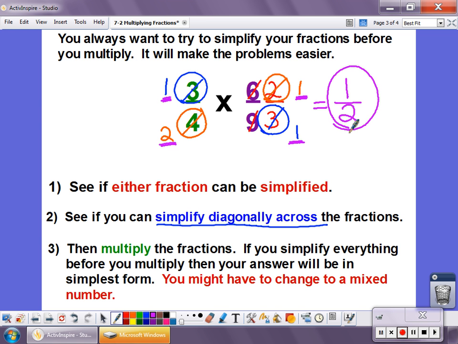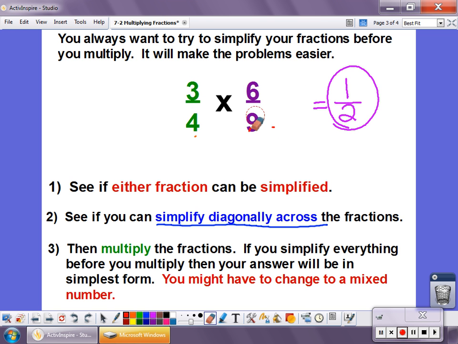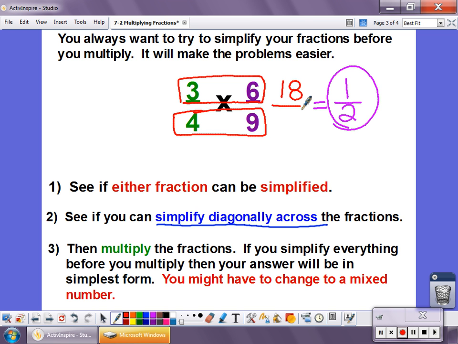So the simplified answer to this problem is 1/2. Now, you might have to change it into a mixed number if you get an improper fraction, but in this case, 1/2 is fine. Now, let me just prove to you that this works. Okay, let's pretend I didn't simplify anything. Let's just multiply this. Who can tell me? 3 times 6 is 18. 4 times 9, right here, is 36. 18 over 36, both of these have a common factor of 18.